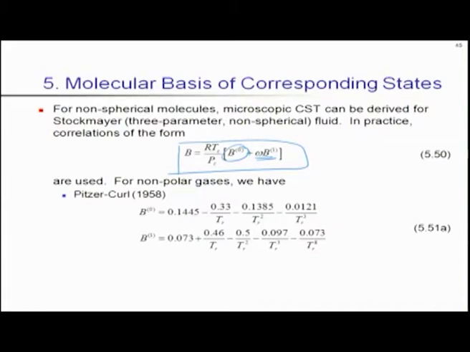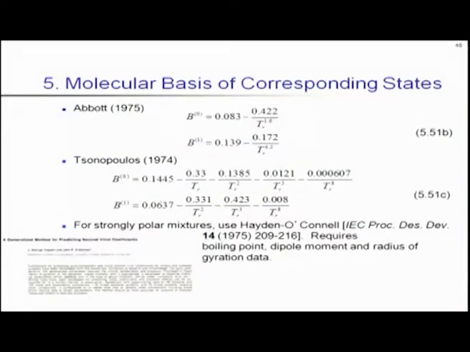This is a commonly used expression. For non-polar gases, many different expressions have come. The Pitzer-Curl expression suggests this term where B0 is this and B1 is given by this, which depends on Tr. Remember that B is only dependent on temperature, and that is why only temperature is given here. Abbott has also come up with an expression in 1975. This is the expression for that, so plus gives you the expression for this.